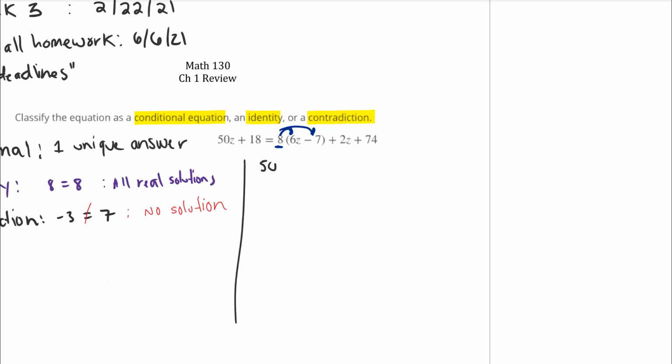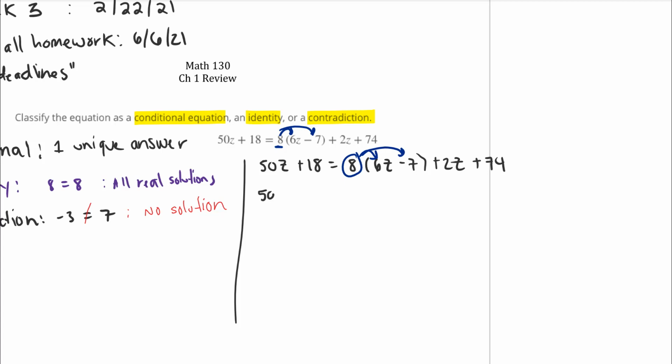So I have my 50z plus 18 is equal to 8 times 6z minus 7 plus 2z plus 74. Okay, and like I said, I'm going to take that very first 8 and distribute inside my parentheses. Everything else is going to stay the same.